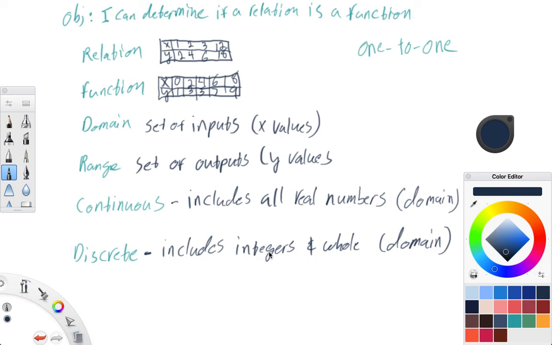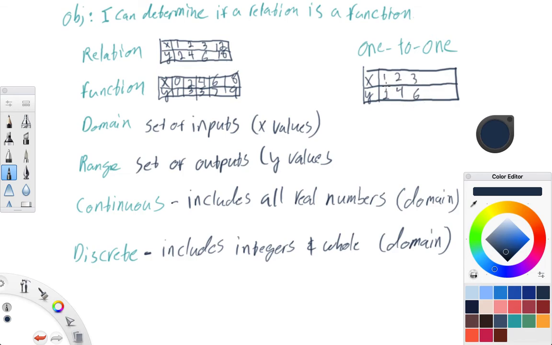Okay, and then one-to-one. A function is one-to-one if no two elements of the domain map to the same element of the range. So what that's saying is it's one-to-one if we don't have two x's that go to the same y. So let's say we have our x's and y's: (1, 2), (2, 4), (3, 6).